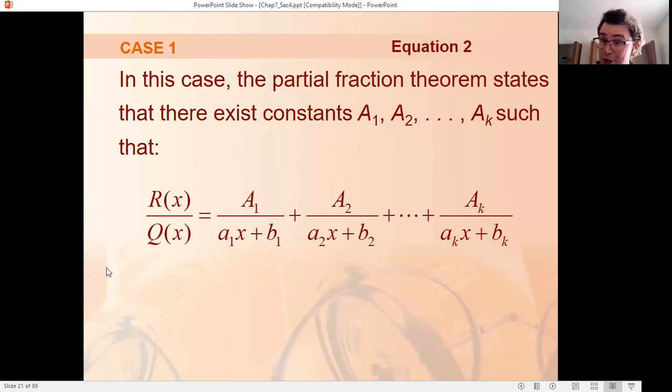So my rational function that's giving me grief is going to split down into these nice rational functions: some constant divided by a linear term, some constant divided by a linear term. This all looks very abstract, but I at least know how to integrate those. I can do all of those with a U substitution. Maybe each one will have its own U substitution, but I can integrate them.